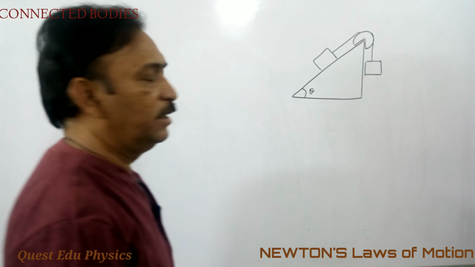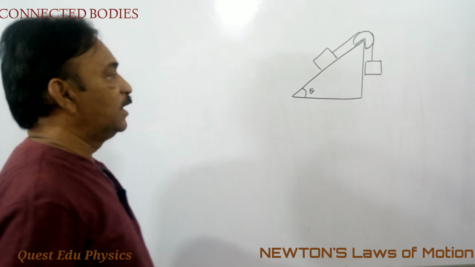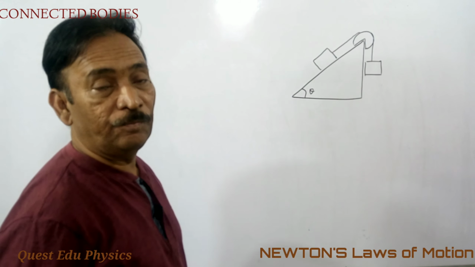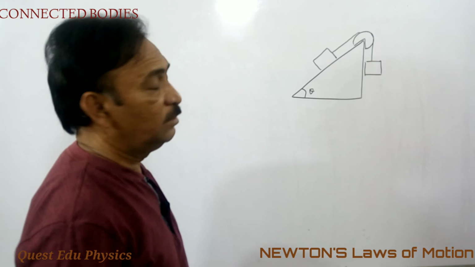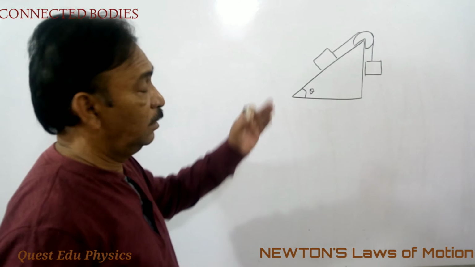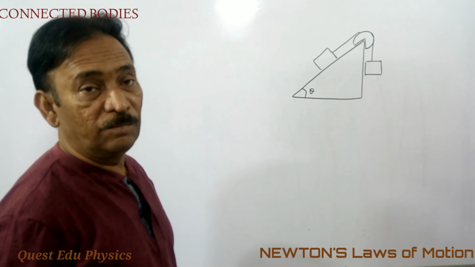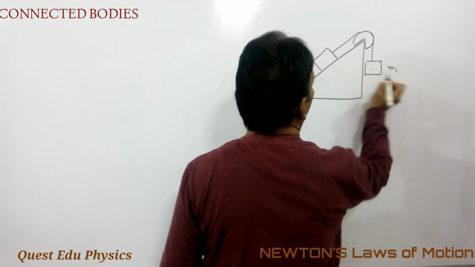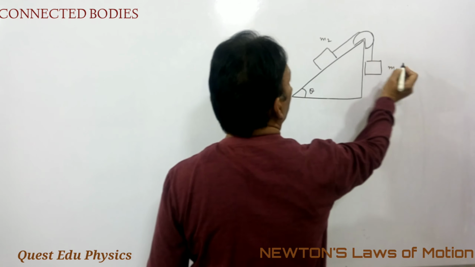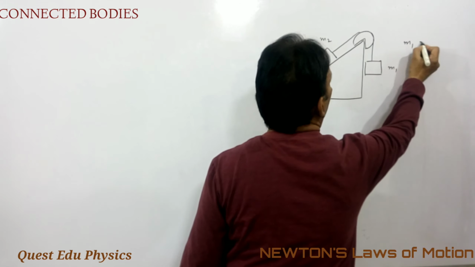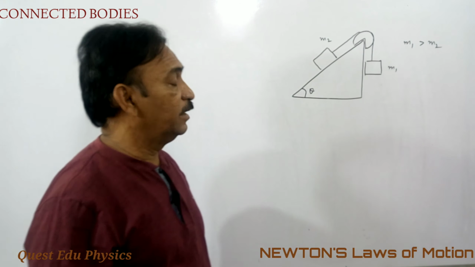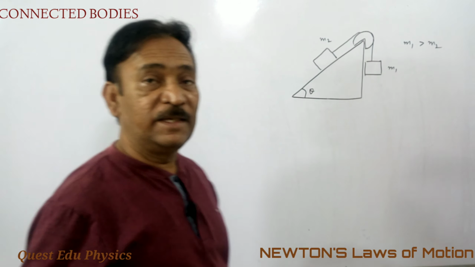These two masses are connected in this way, and he's asking what is the acceleration of the system as well as the tension present in the string. Let's say the masses are M1 and M2. Take M1 greater than M2, students. See the results.